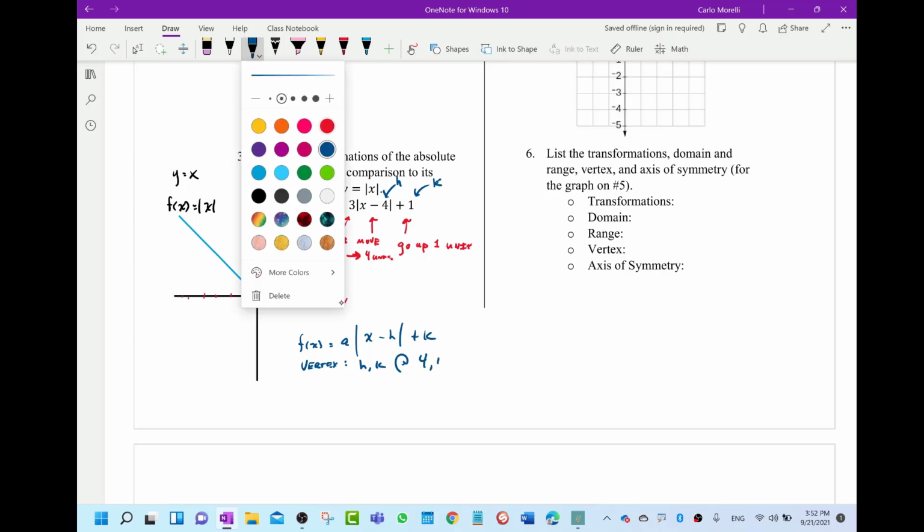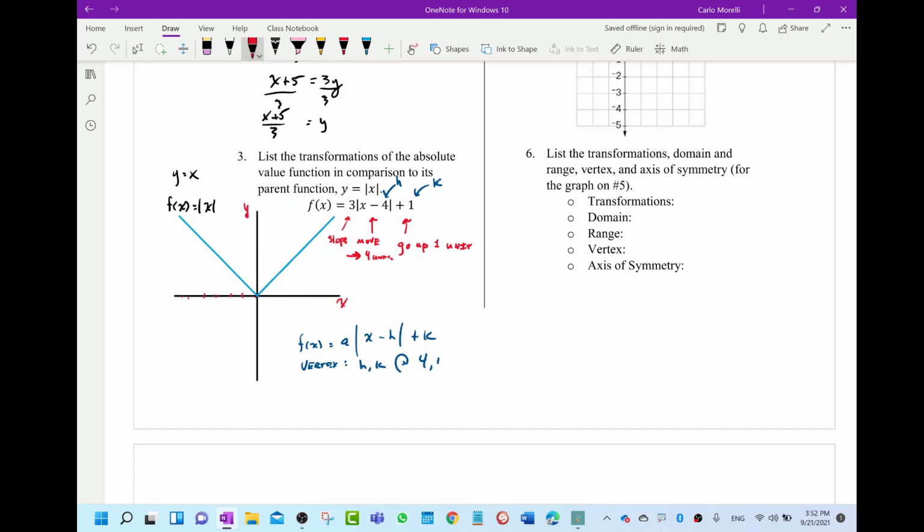So let's go find that. Let's use a different color. Let's use red. We'll call this g of x, so you understand the difference, because I called this f of x. It doesn't matter. So anyway, let's move to the right by 4. Let's actually plot the vertex first, okay? 4 comma 1.